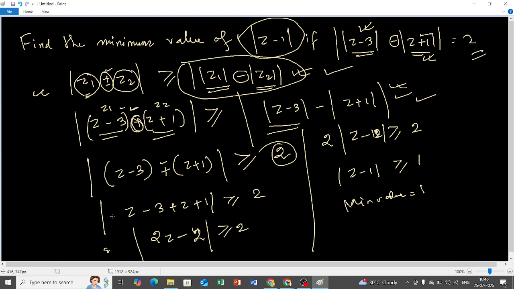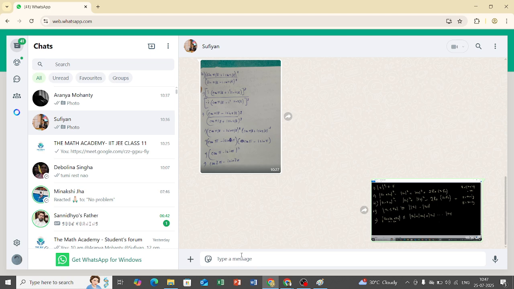Now, so mod of z minus 3 plus z plus 1 is greater than equals to 2. So z plus z is 2z, minus 3 plus 1 is minus 2, greater than equals to 2, right? Now just taking 2 common, I get mod of z minus 1 greater than equals to 2. This 2 goes over there, so mod of z minus 1 is greater than equals to 1. So what is the minimum value? The minimum value is 1. Understood? Yes, sir.